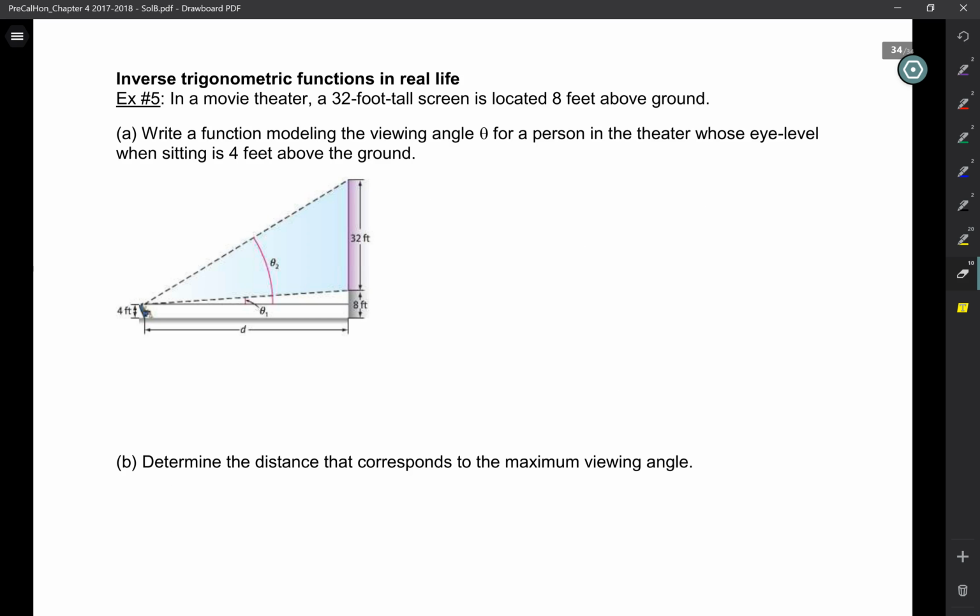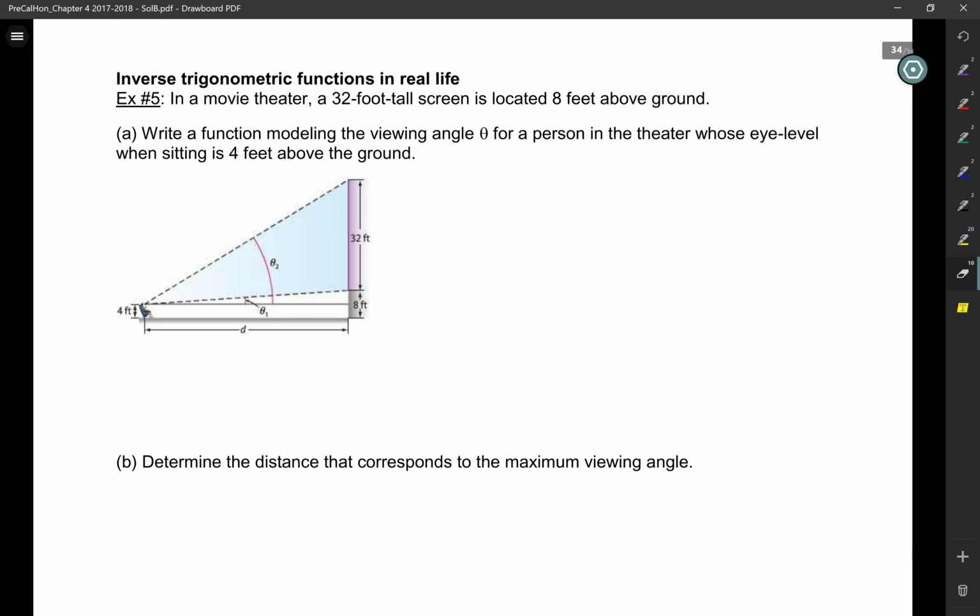Okay, so in a movie theater, there is a 32-foot tall screen located 8 feet above the ground. All right? Write a function modeling the viewing angle theta for a person sitting in the theater whose eye level when sitting is 4 feet above the ground. So when you're sitting, your eye level is 4 feet above the ground.